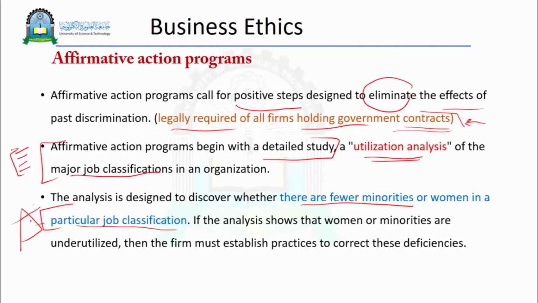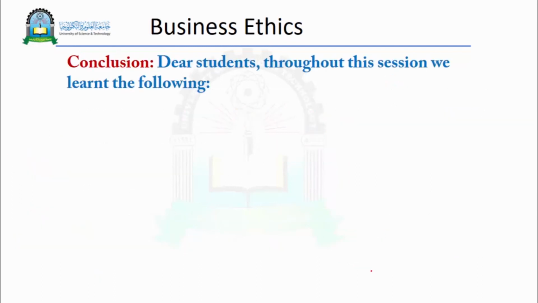Other than that, the company may take some actions to correct these problems. So, if the analysis shows that women or minorities are underutilized in terms of opportunities to get jobs or even better jobs, then the firm must establish practices to correct these deficiencies in their own policies.